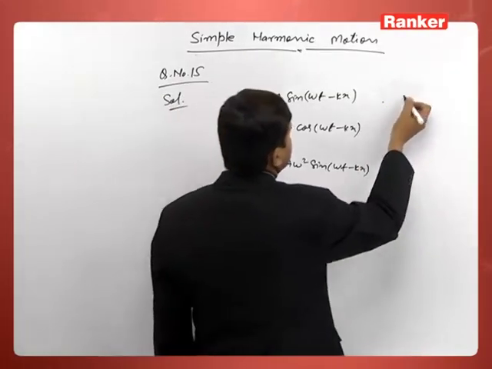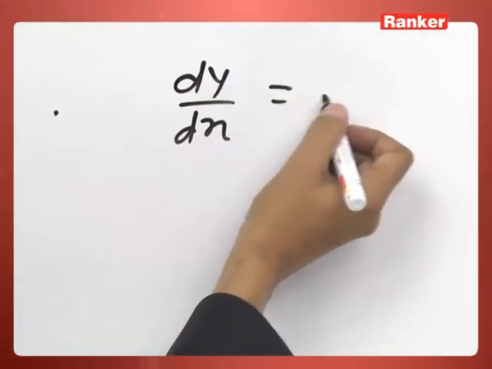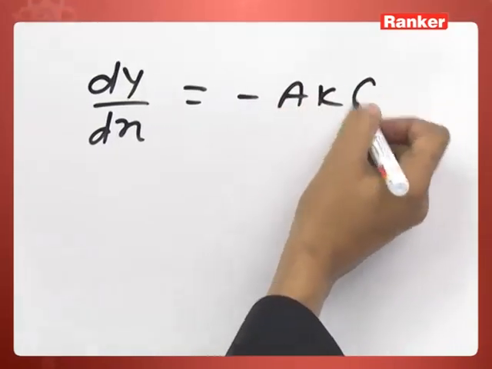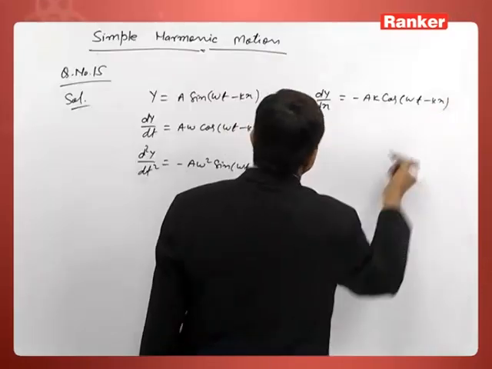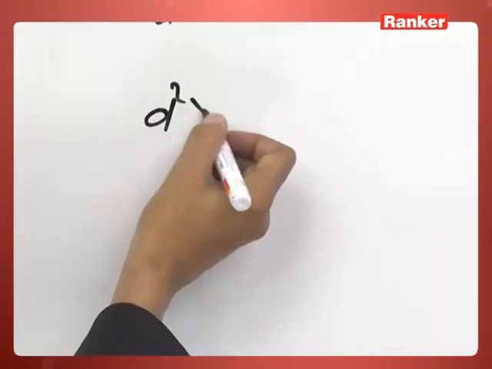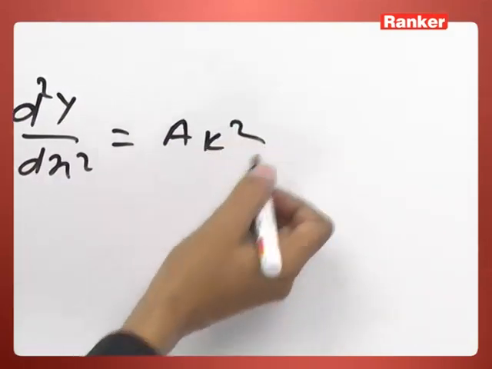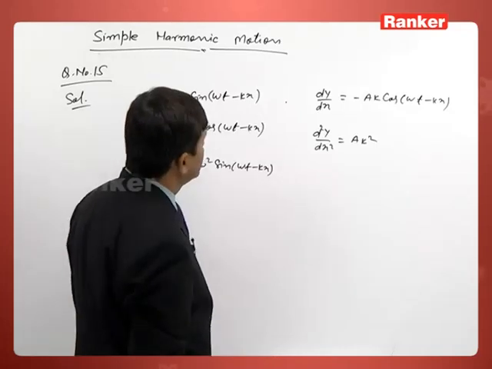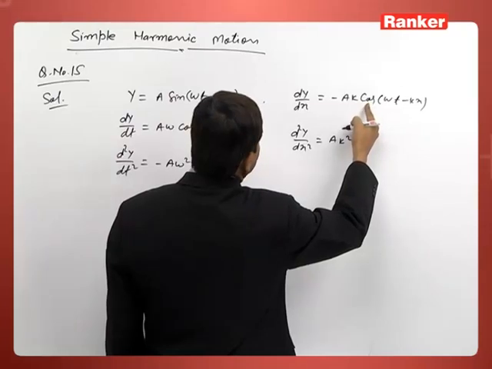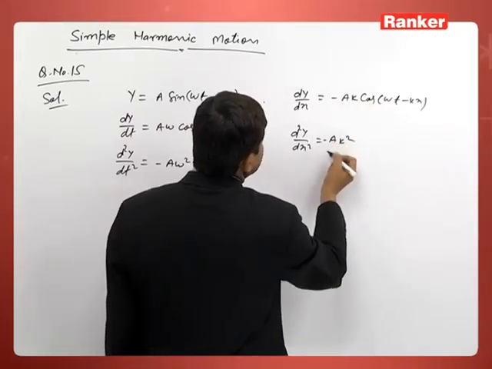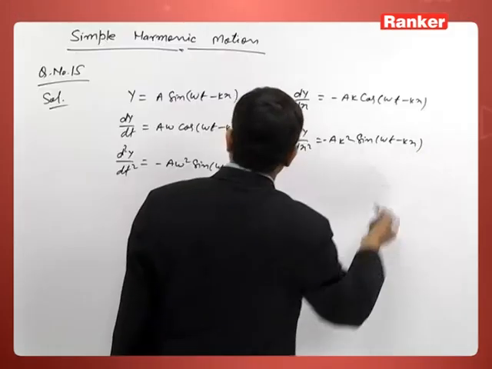Similarly, dy by dx is written as minus a k cos(omega t minus kx), and d2y by dx square is minus a k square sin(omega t minus kx).